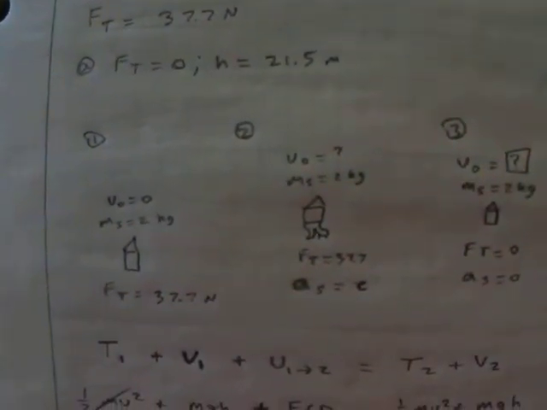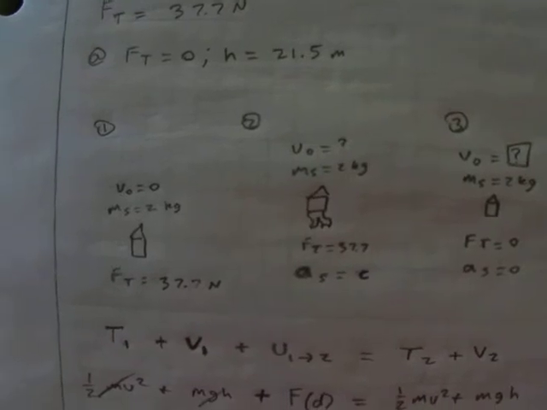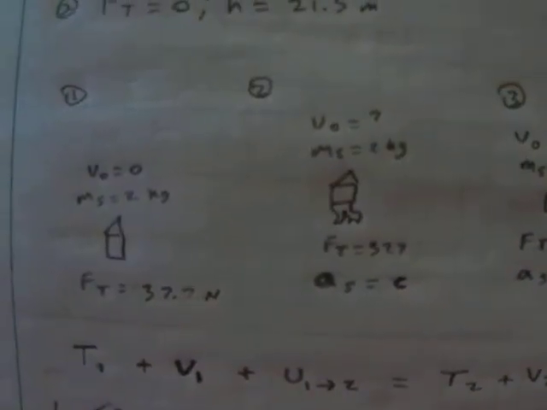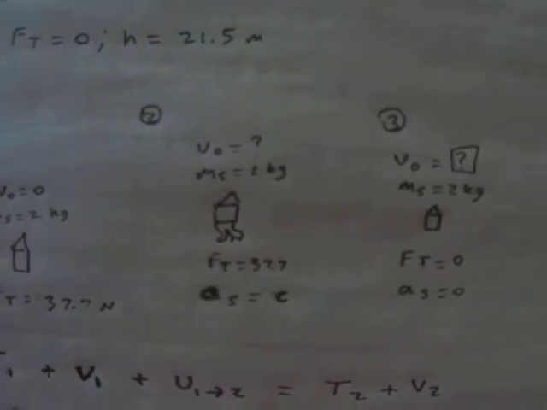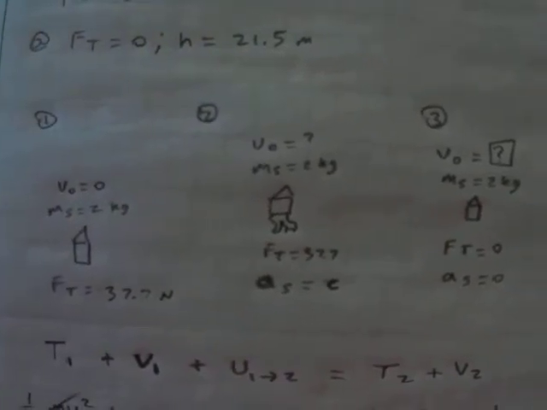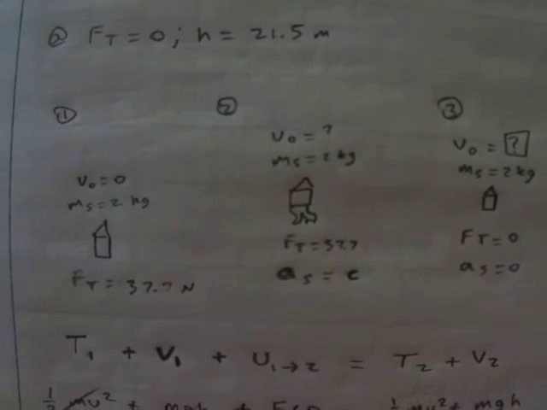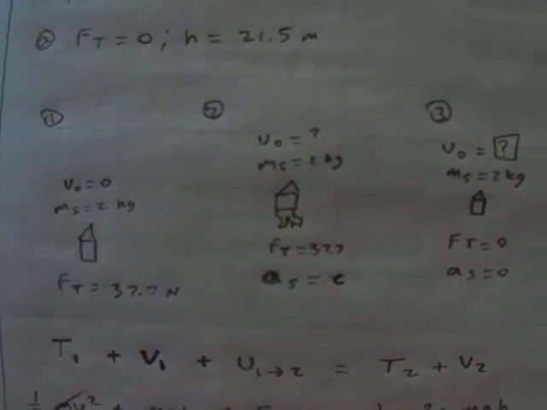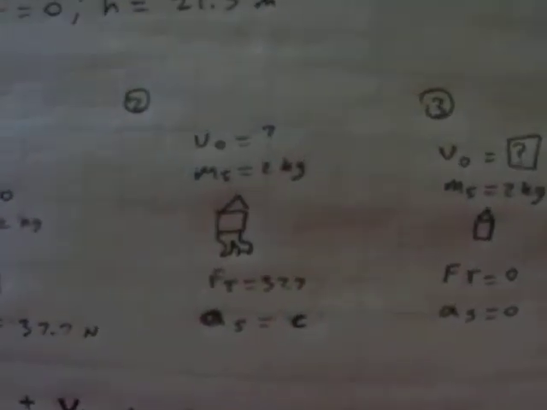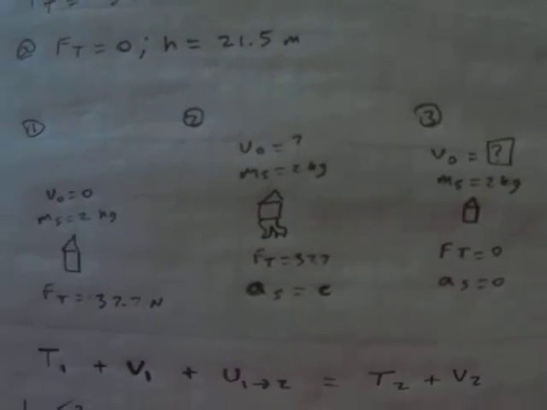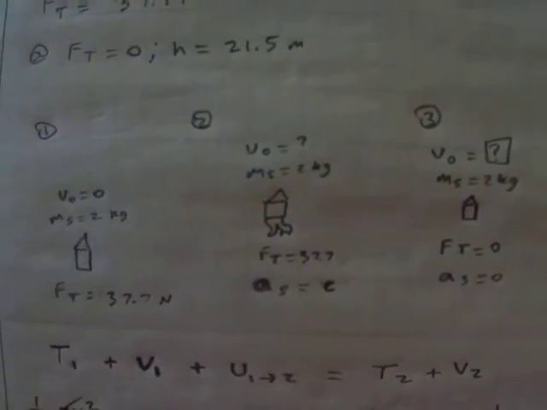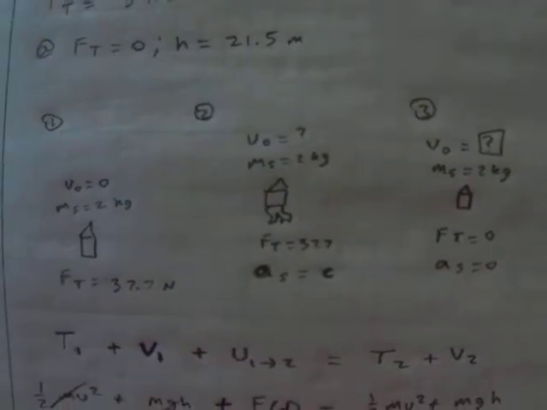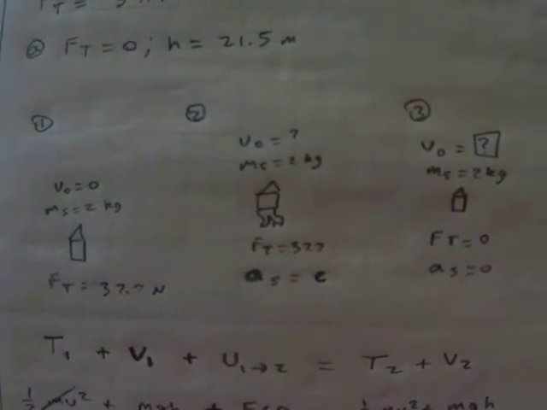I went ahead and drew a little diagram. At position 1, we've got V0 equals 0 meters per second. The mass of the spaceship is 2 kilograms, which is constant through all of the positions. The force of thrust is 37.7, which is constant through the first two. Technically there are only 2 positions, but I decided to draw the second one just for continuity.